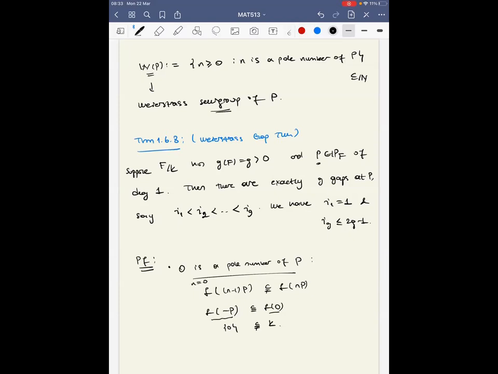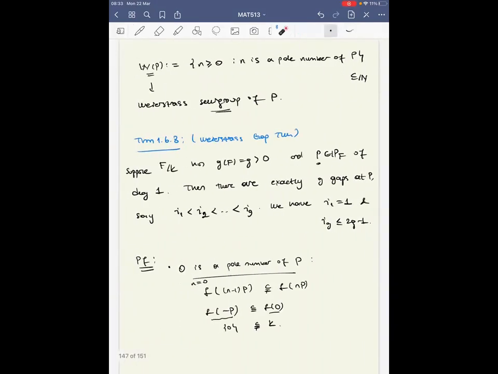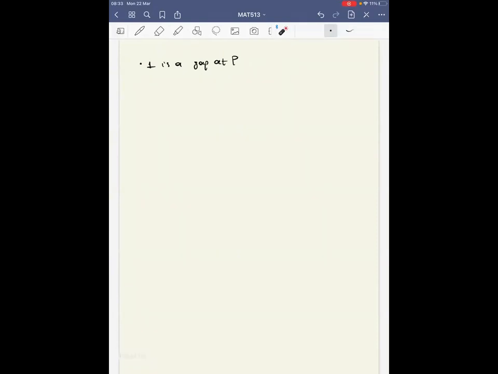Our second observation will be that 1 is a gap number of P, or 1 is a gap at P. And similarly, we check if these two Riemann-Roch spaces are equal to each other when n equals 1.